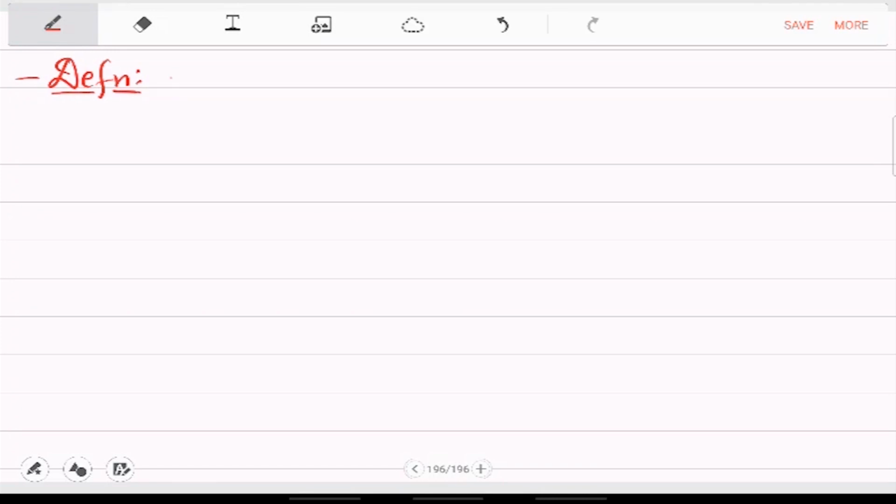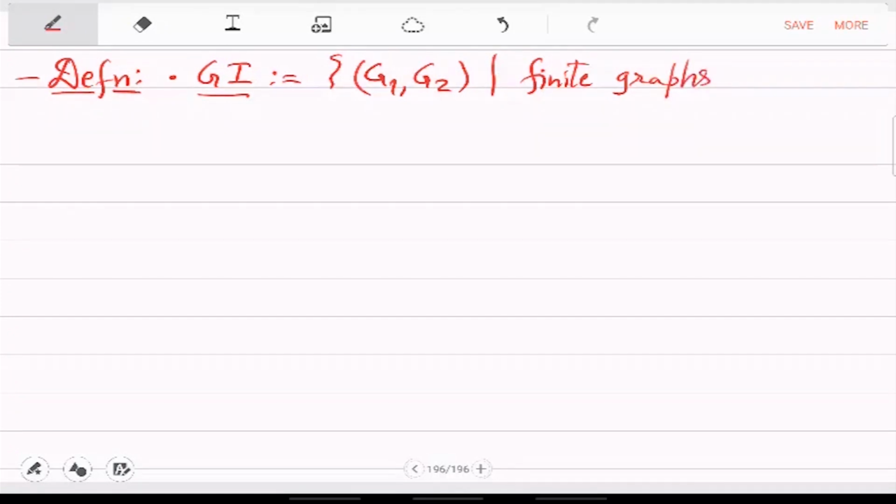So what is the language GI? That is easy to define. It's pairs of finite graphs G1, G2 and they are isomorphic. Right.